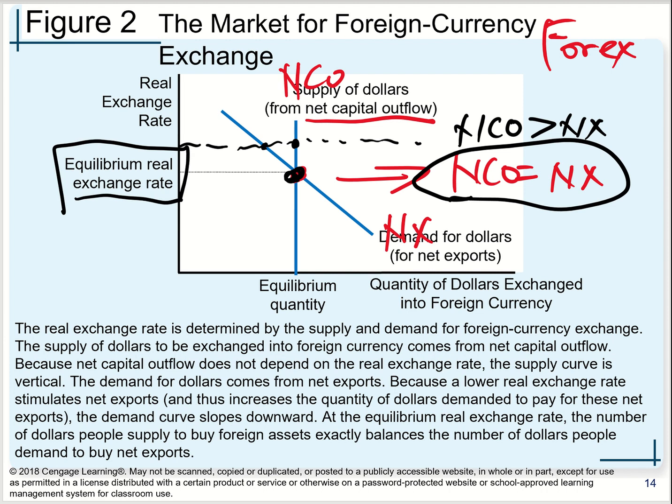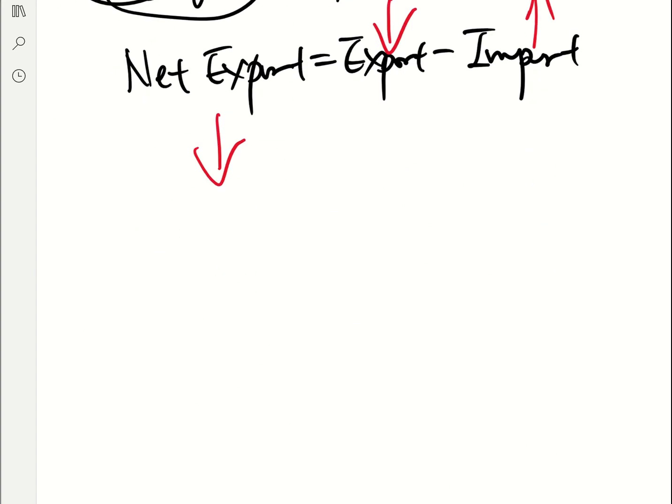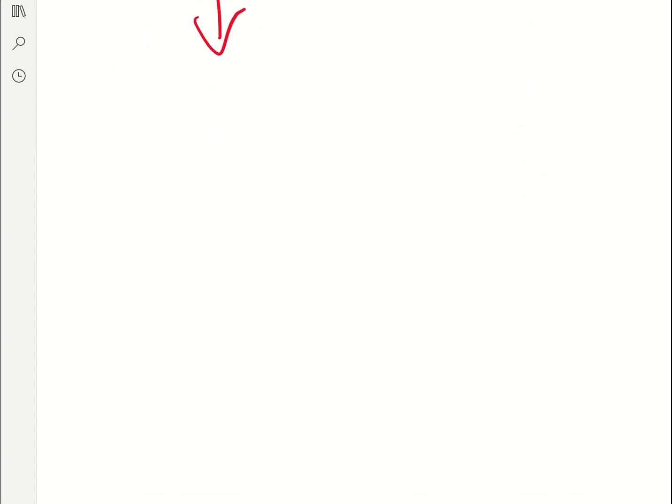All right, so far we talked about these two models. We talked about our loanable funds market, and we talked about our foreign exchange market. Now, if you have really paid attention, I hope you have, between the two there is a common factor, right? Our equation for the loanable funds market is saving equals investment plus net capital outflow.